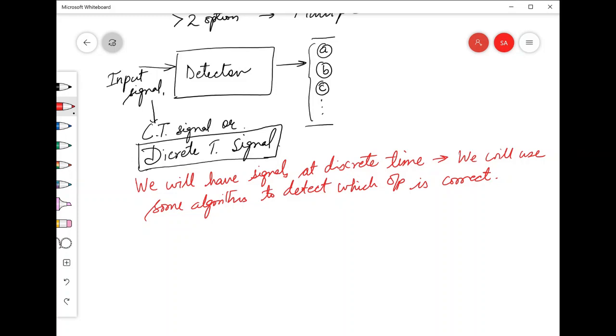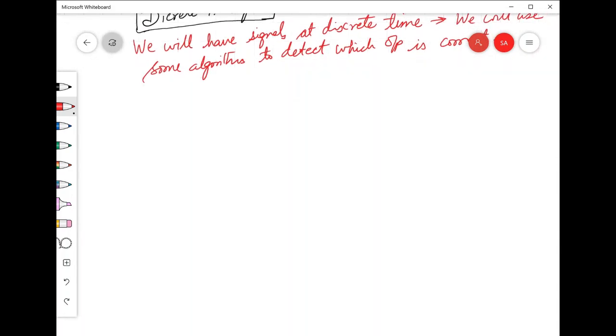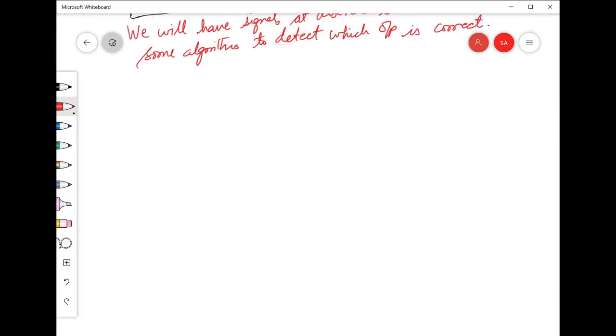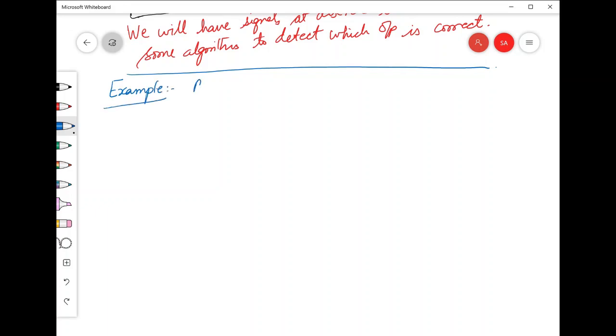Now let me take a very simple example of a classical binary detector, a small example of binary hypothesis testing, to understand better what we mean by detection theory.